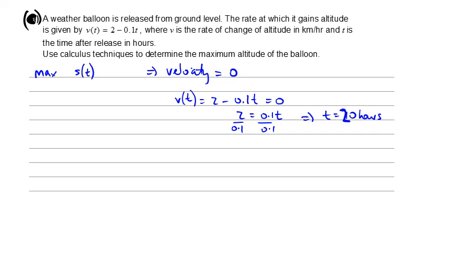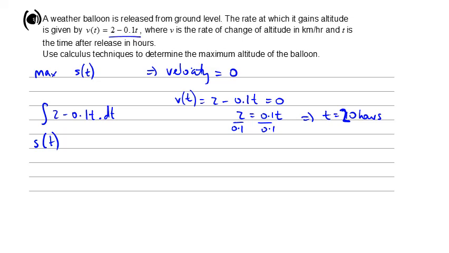At 20 hours, my distance formula, I had to integrate 2 minus 0.1t with respect to t. And I think some of you did this question and got yourselves mixed up with x's and stuff. t is my variable that changes.